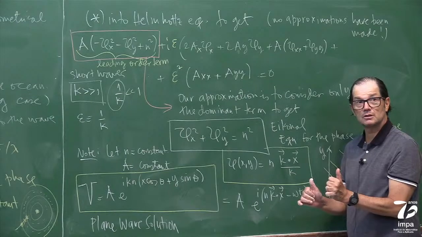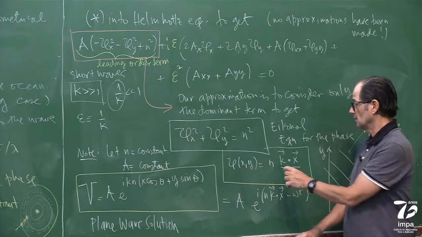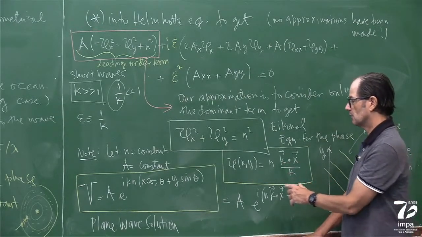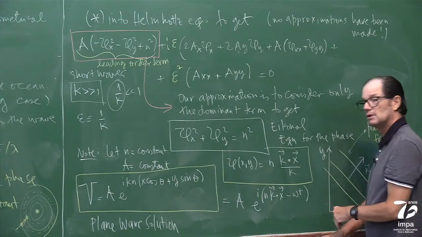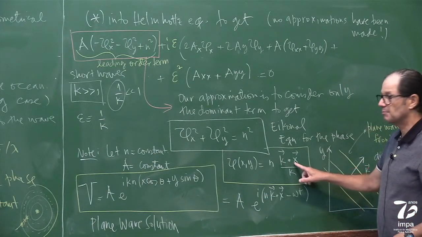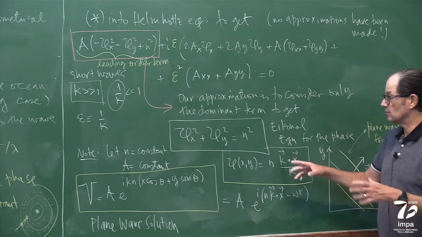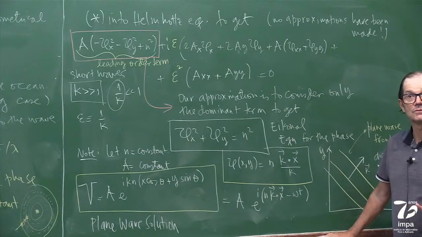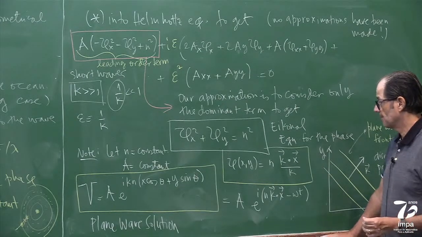Okay with the notation? If you're not okay, complain. And then divided by k, because we pull the k out. So this looks like a plane with a normal vector. That's why I call it a plane wave.